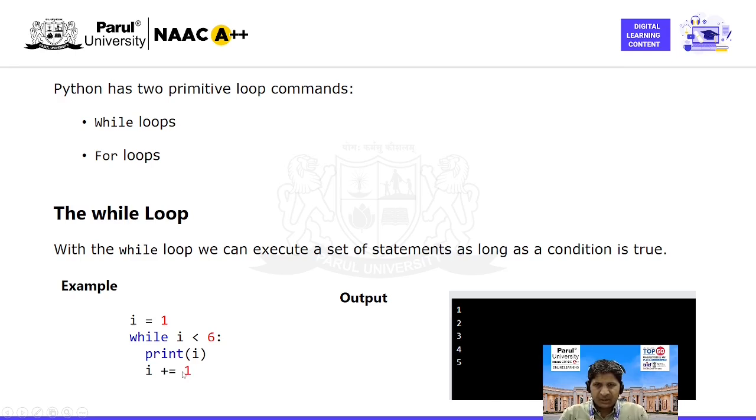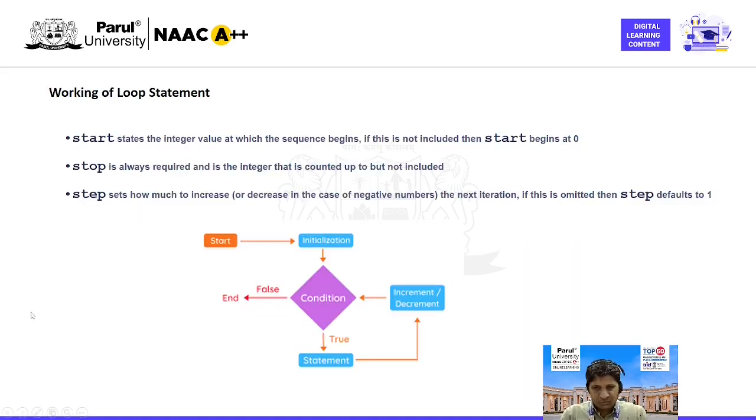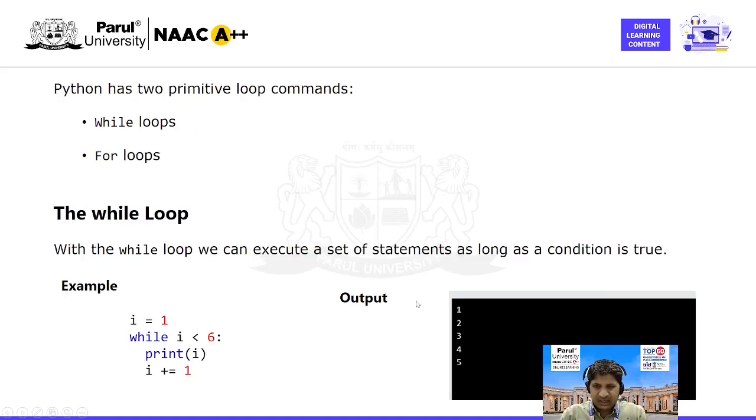If you remember, in my previous classes I explained i = i + 1. It means the value of i is increased. This one is the increment. It means the next value of i is incremented by 1. Now 1 plus 1 is 2.